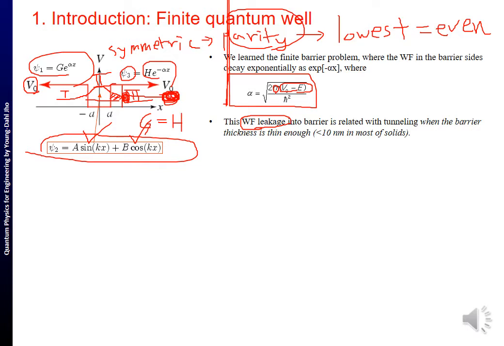Especially when the barrier thickness is less than 10 nanometers, we often see such leakage phenomena in many of the devices.